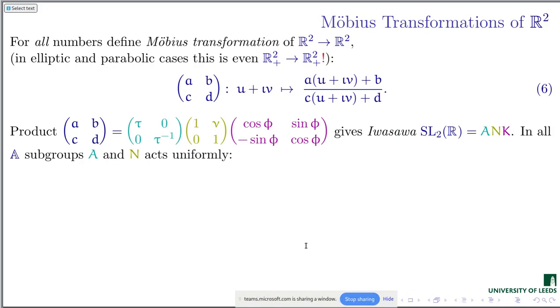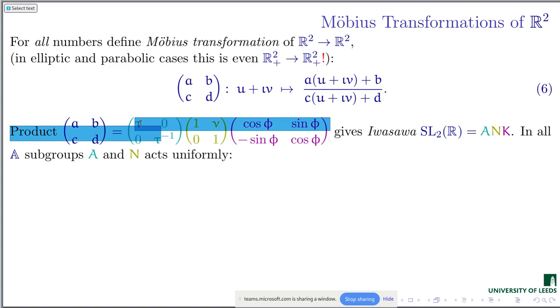Let us visualize a little bit with the algebras which we had before. So in general, an element of SL2R, a 2 by 2 matrix, can be decomposed into a product of three matrices from subgroups A, N, and K. That is known as the Iwasawa decomposition.